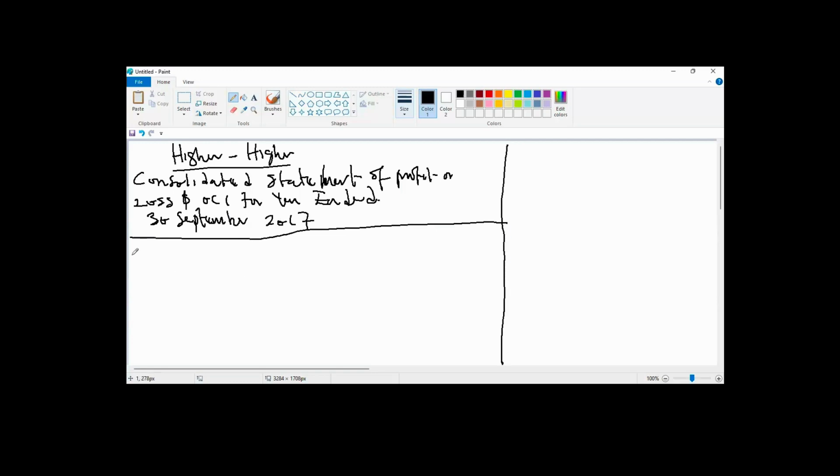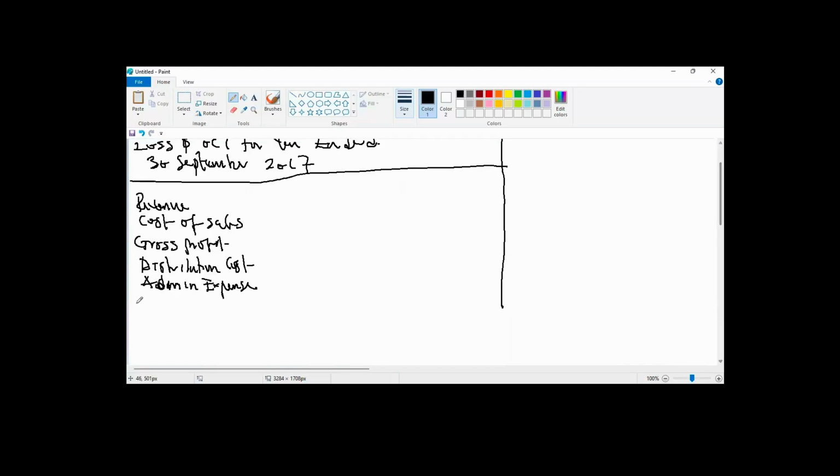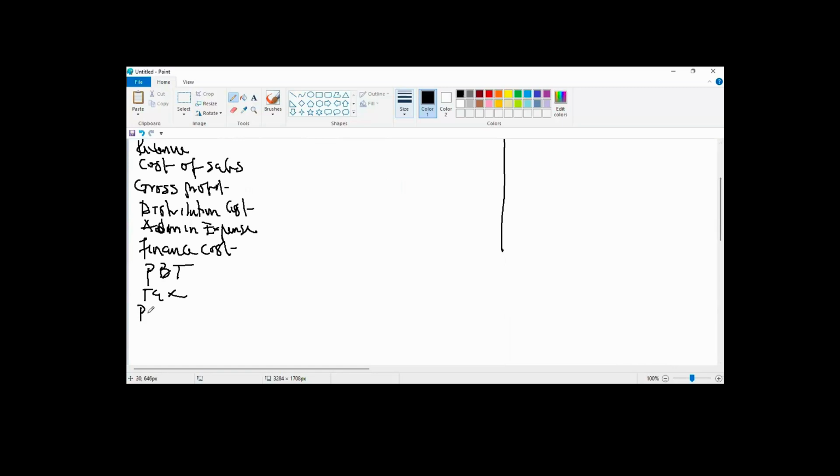The way it is, page 1 of my book: revenue, cost of sales, gross profit, distribution costs, admin expenses, finance costs, profit before tax, profit for the year. That's all.